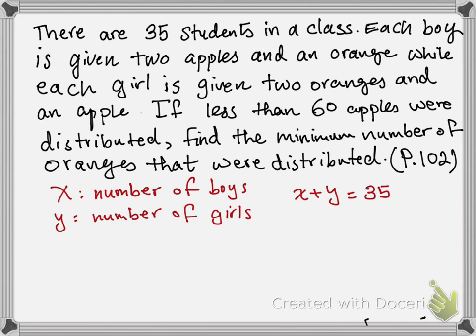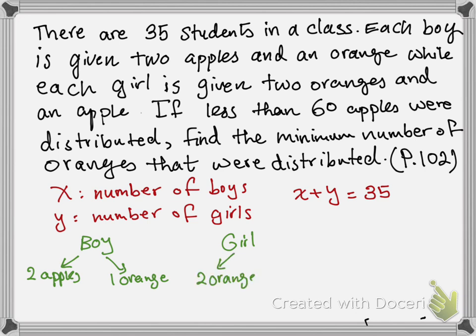So each boy has 2 apples and 1 orange, and each girl is given 2 oranges and 1 apple.